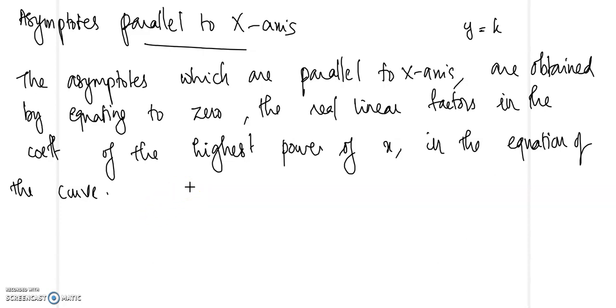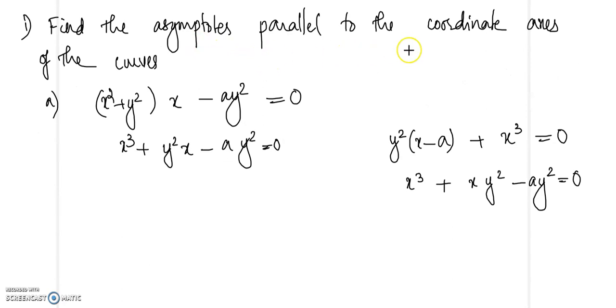So let us look at an example of finding the asymptote. To find the asymptotes parallel to the coordinate axes of the curve, the first curve is x square plus y square into x minus a, plus x cube equal to 0. So we need to find the asymptotes parallel to the x-axis and y-axis.